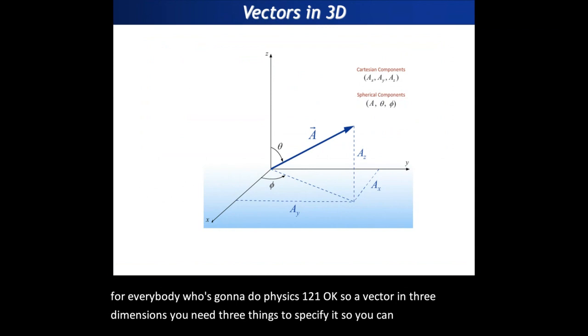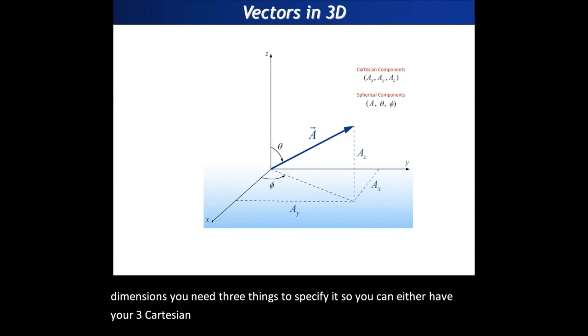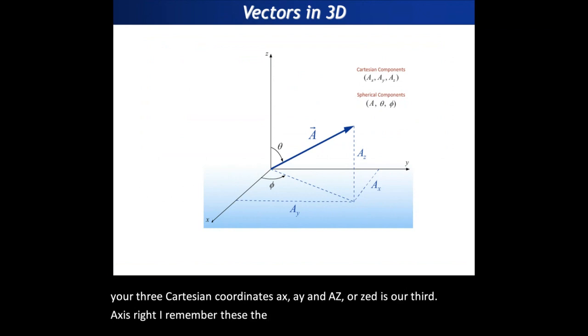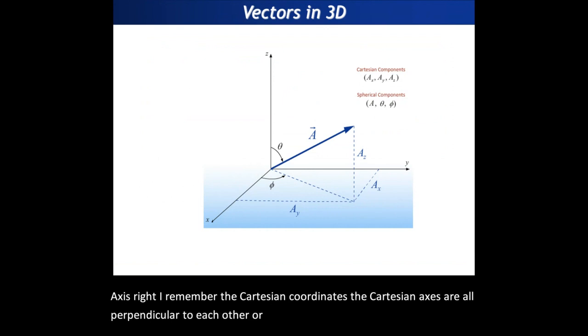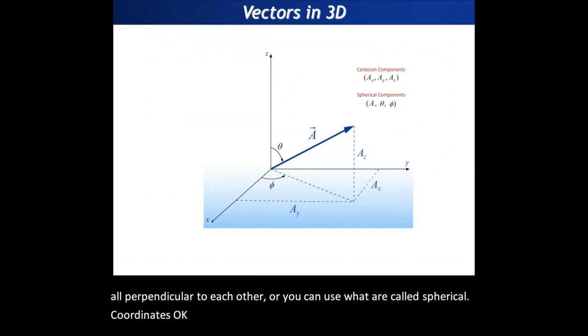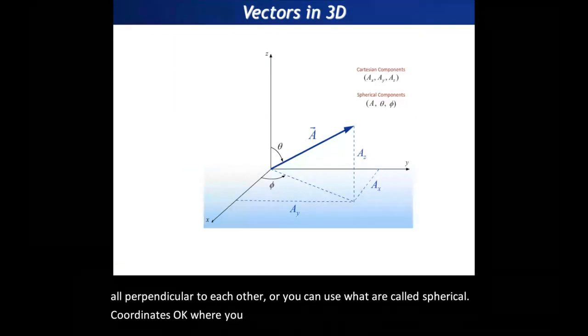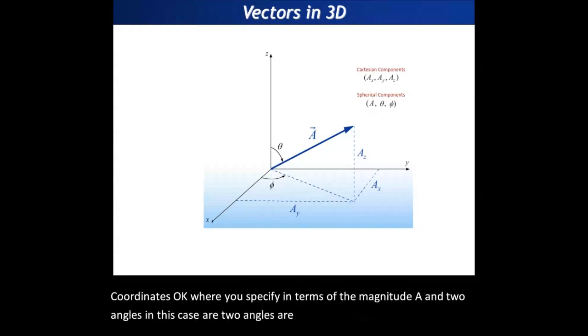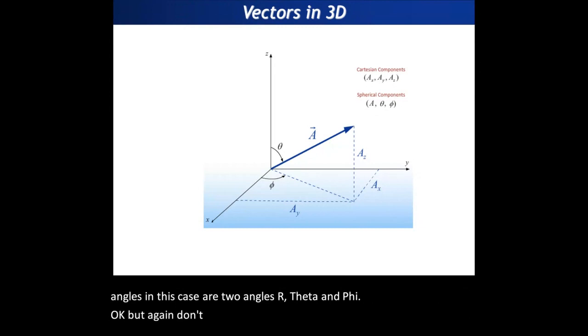You can either have your 3 Cartesian coordinates, Ax, Ay, and Az, where z is our third axis, and remember the Cartesian axes are all perpendicular to each other. Or you can use what are called spherical coordinates, where you specify the magnitude A and 2 angles, in this case theta and phi. But don't worry about that too much because we won't be doing a lot of 3D, at least not this semester.